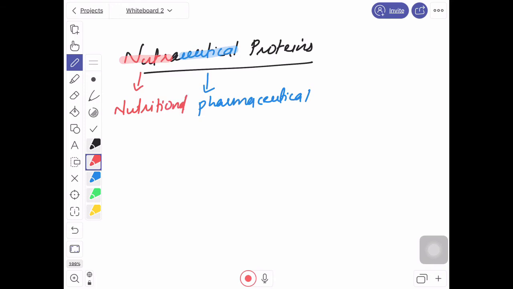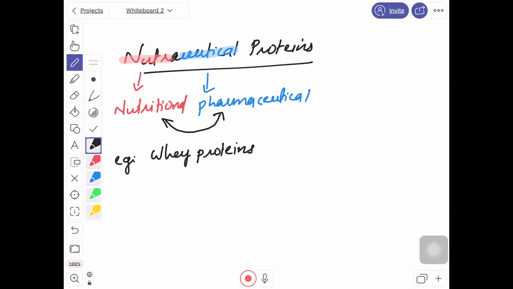If a protein is consumed for nutritional as well as pharmaceutical purpose, such proteins are known as nutraceutical proteins. One of the examples is whey proteins.